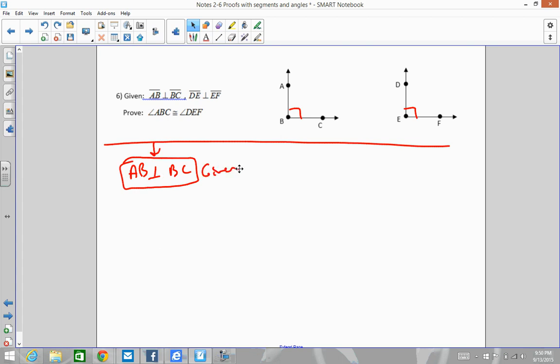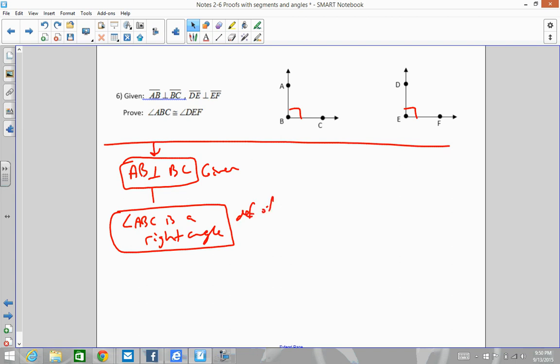Now, if they're perpendicular, does that mean perpendicular lines form right angles? So that means angle ABC is a right angle. Okay, and that's by definition of a perpendicular line.